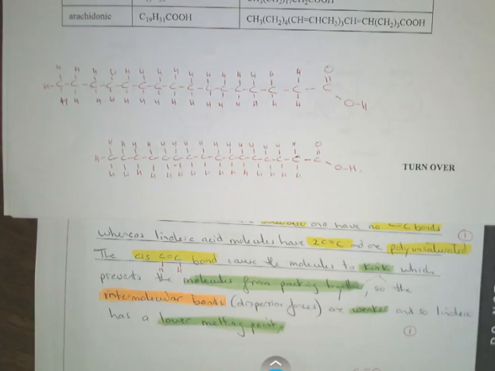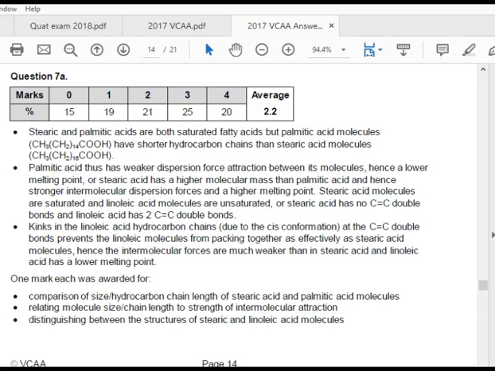Okay. So when you read the examiner's report, you need to find the words which are key. The fact that you've got dispersion forces, but they're weaker because it's shorter. You need to find all the links and make sure that you put the links together. So each mark requires 2 or 3 ideas that are connected and linked together.